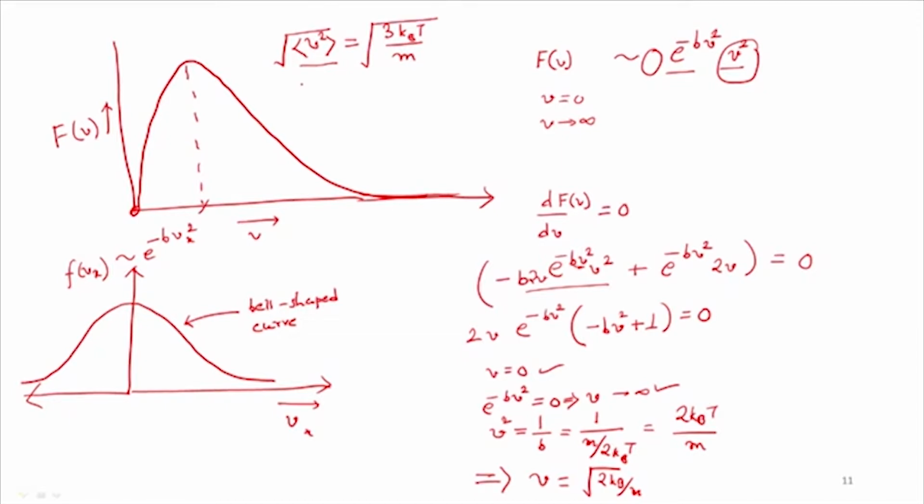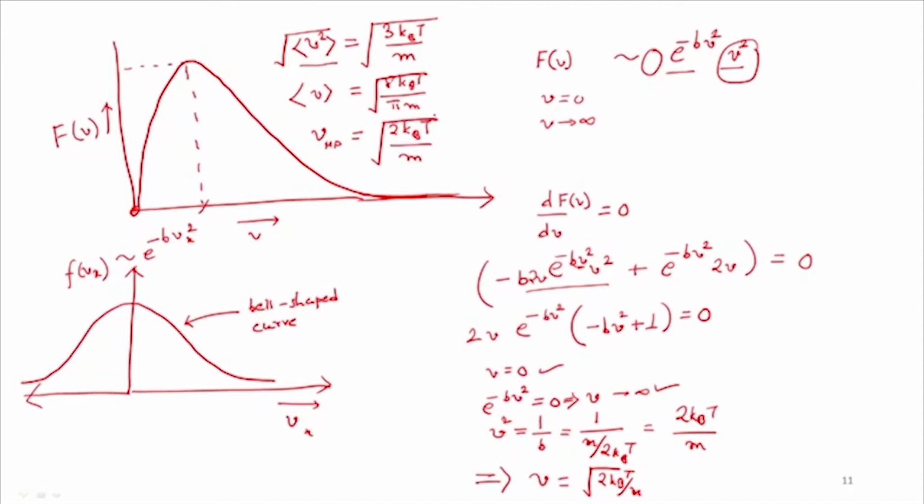And we just showed that the average velocity is nothing but the square root of 8 kBT by pi m. And then right now we showed there is a v, and I'm writing it as v_mp. It is the most probable velocity, basically where the curve maximizes, and that is nothing but the square root of twice kBT by m.